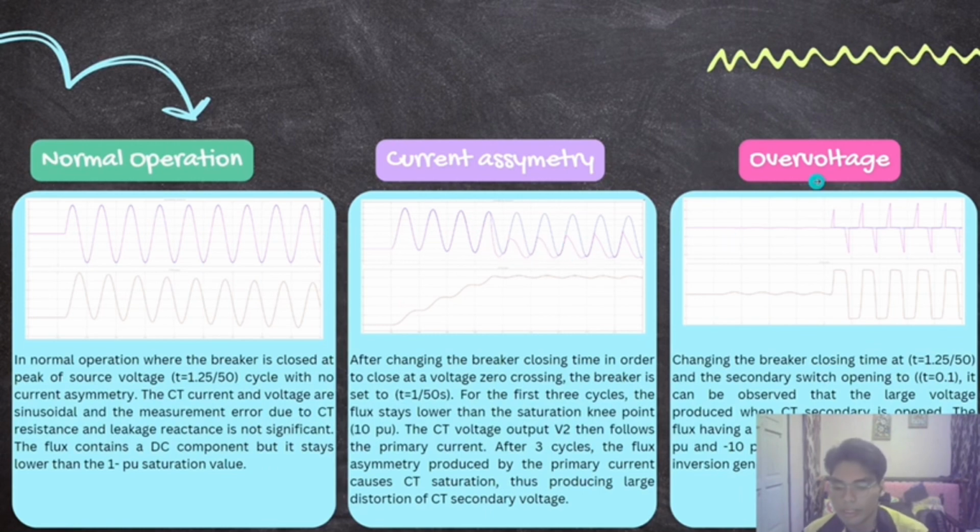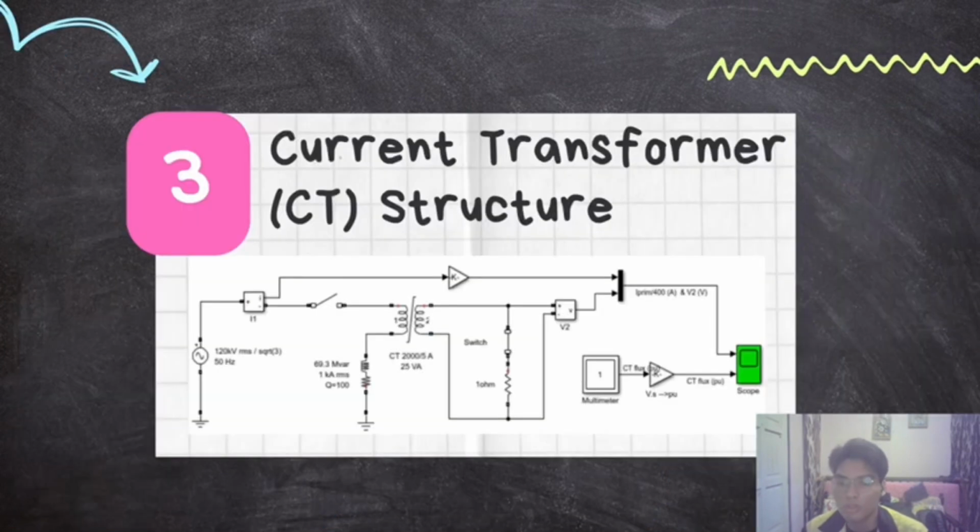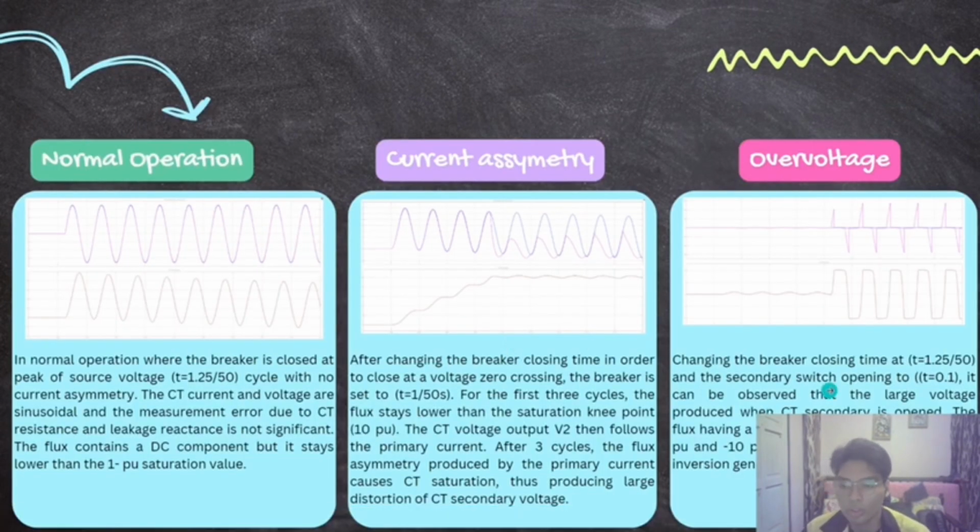So next is the overvoltage due to the CT secondary winding. We change the breaker closing time to 1.25 over 50 and the secondary switch opening to 0.1. So this is the switch where we set 0.1. It can be observed that a large voltage is produced when the CT secondary is open, the flux having a square wave shape chopped at plus 10 pu and minus 10 pu.